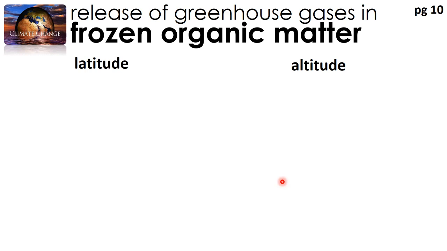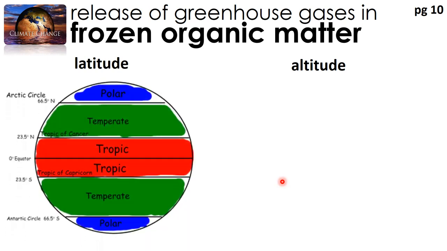Now, the next effect of increased greenhouse emissions is the melting of permafrost. And before I go on further, I have to explain what latitude and altitude are. Latitude is the angular distance of a place north or south from the Earth's equator.